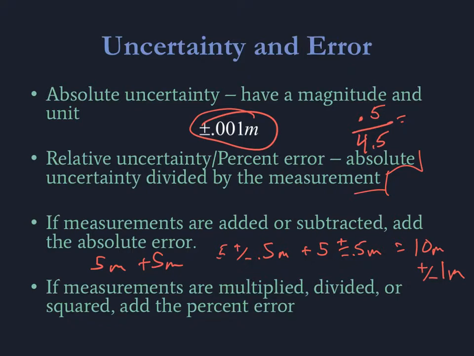And again, we'll do some practice problems with this, but it would be like 5 meters plus or minus 1%. And so then, if we were multiplying those together, so 5 times 5 plus or minus 1%, then our final value here would be 25 meters plus or minus 2%.